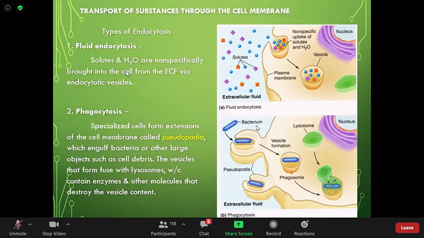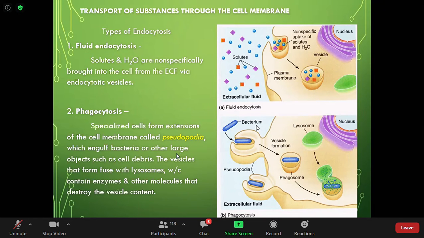The solutes and water are non-specifically brought into the cell from the extracellular fluid via the endocytotic vesicle. This is the non-specific uptake of solutes and water. So this will form a vesicle and then be brought inside.